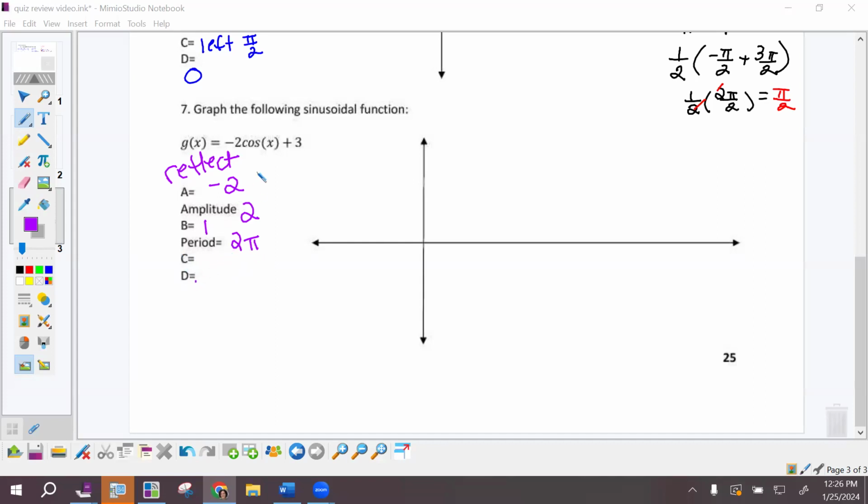So the period is 2 pi. Cosine, no C value. And this one has a midline moved up 3. So up 2 from there, down 2, no period change.